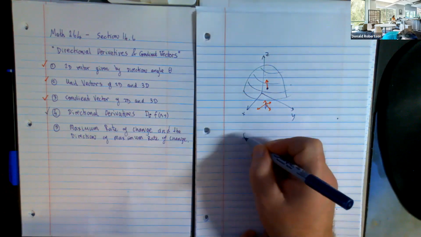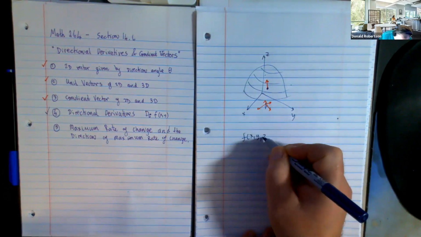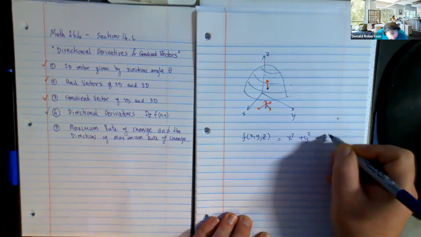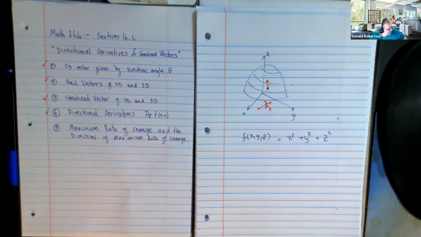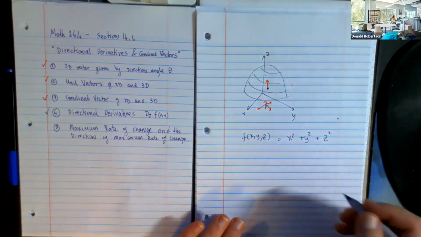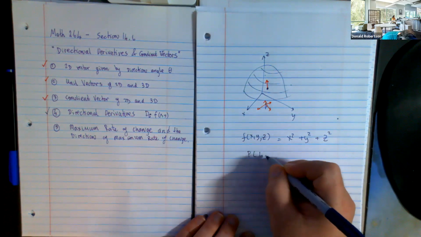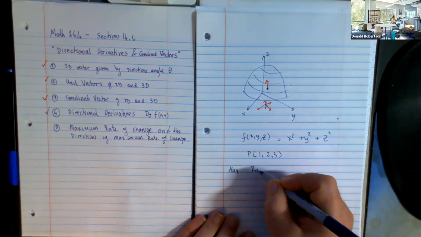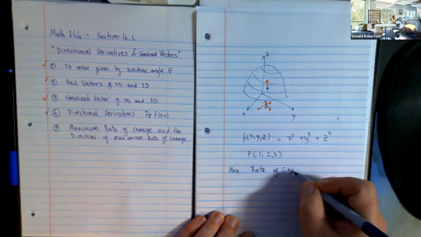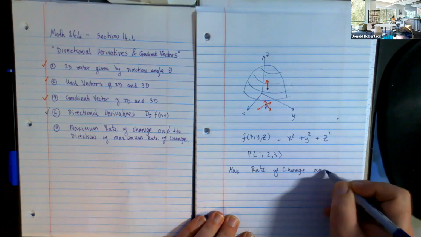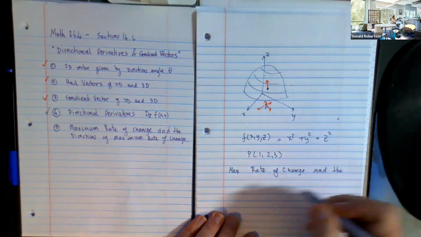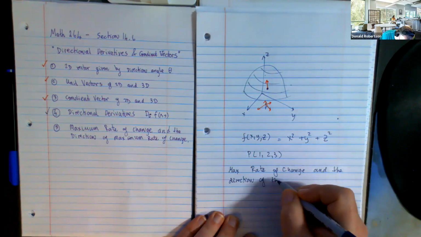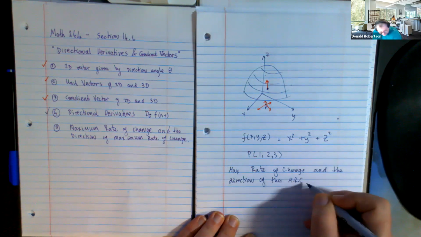So you're going to be given a function. Maybe it'll be x squared plus y squared plus z squared. You're going to be given that, and you're going to be given a point P, let's say 1, 2, 3, and you're going to be asked to find the maximum rate of change, and you're also going to be asked to find the direction of this maximum rate of change.